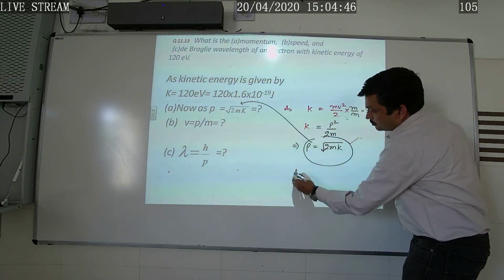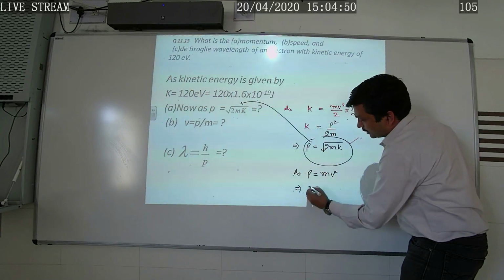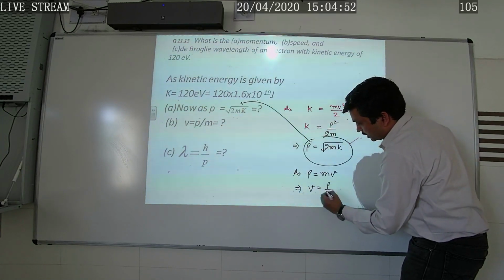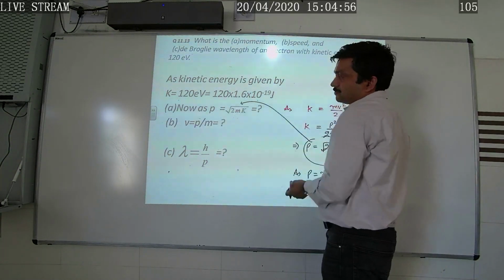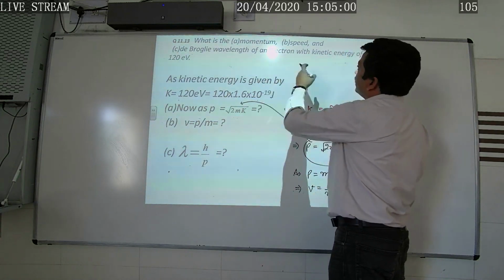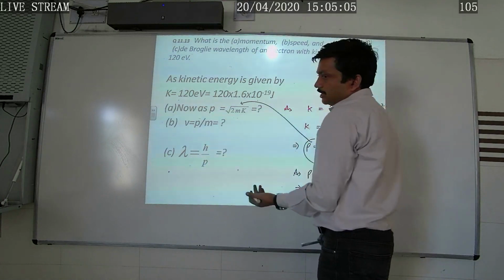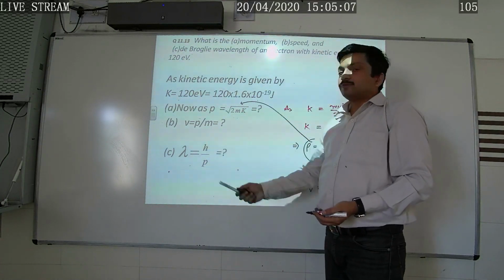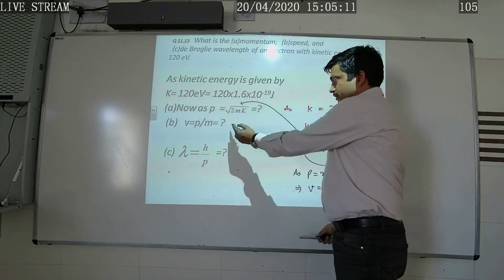As momentum p is equal to mv, v is equal to p by m. So simply by dividing p by the mass of the electron we get the required answer. In the next step he is asking us to calculate the de Broglie wavelength of the electron. Electron is a material particle, so we can write h by p. Putting in the value we will get the answer.